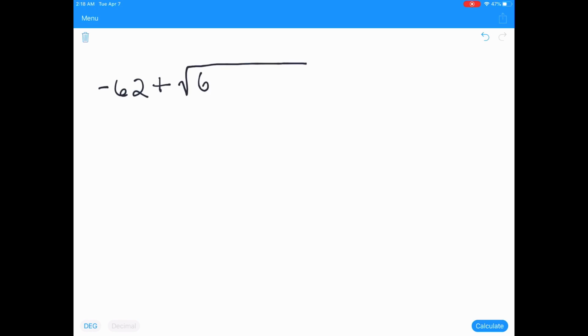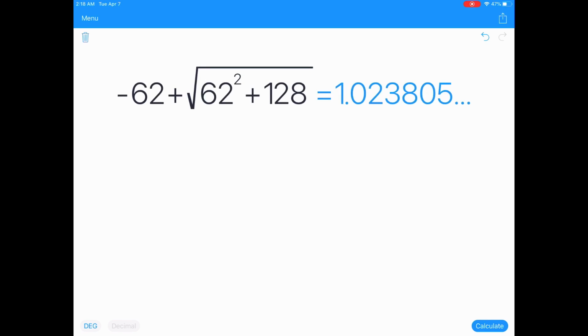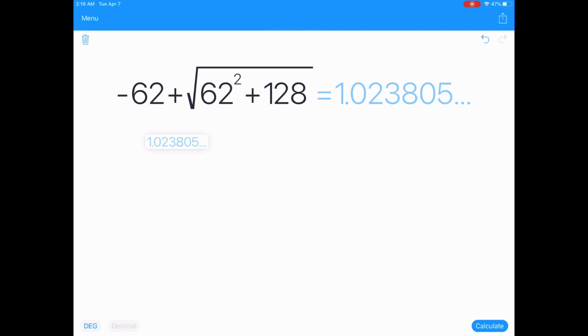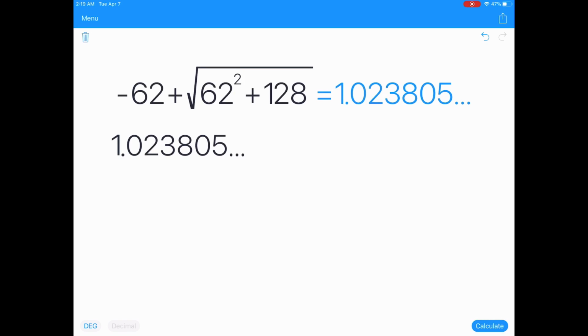Square root of 62 squared plus 128. I'm going to hit calculate, and that comes out to be 1.023805, and I'm not going to round that. I'm just going to hold on to that. Don't clear your calculator.